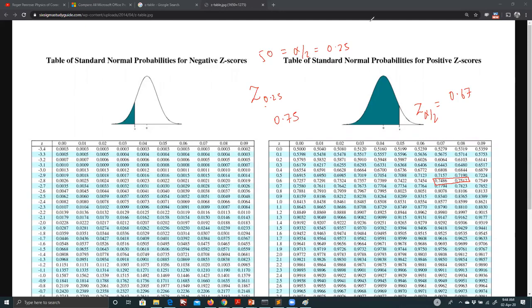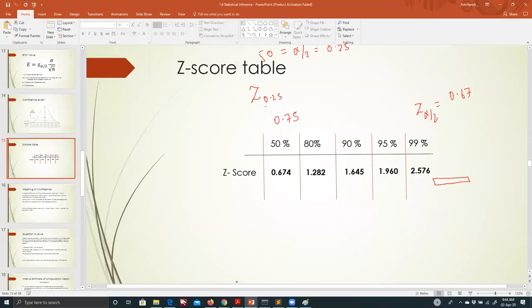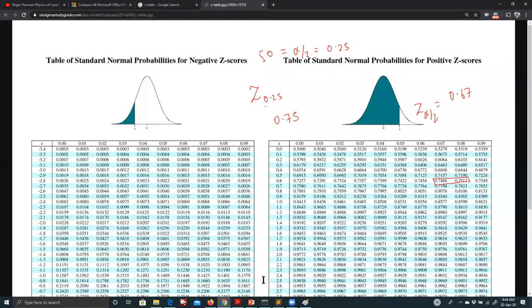Let's convert this in my PPT as well. Of course, the third decimal I don't know, so 0.67 is not wrong. Similarly, you did it for 80%, or we already got 1.28. Let's do it for 90% as well. Again, same thing, z alpha by 2, okay? So this time alpha is 10%, and 0.1 by 2 is z 0.05. So if you're calculating z 0.05, fundamentally you have to look for 95% of the area.